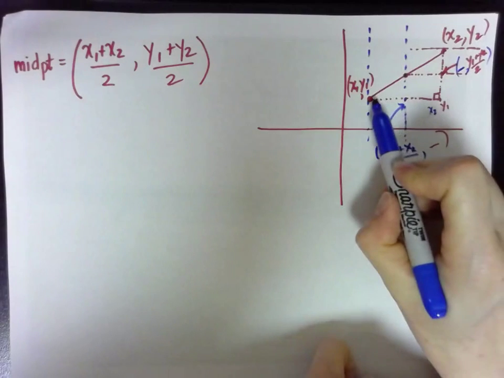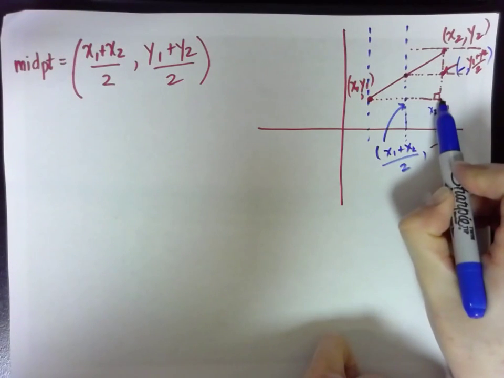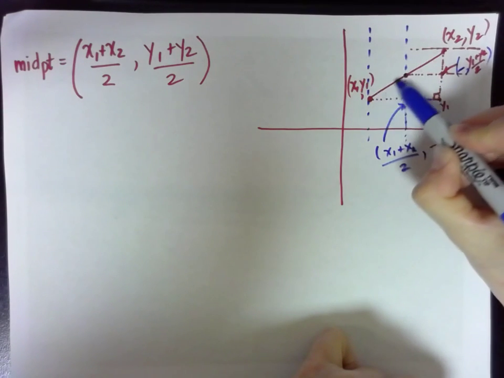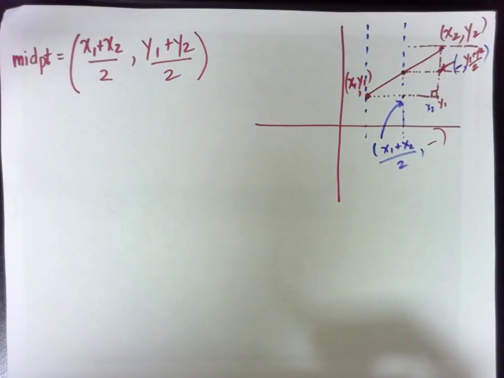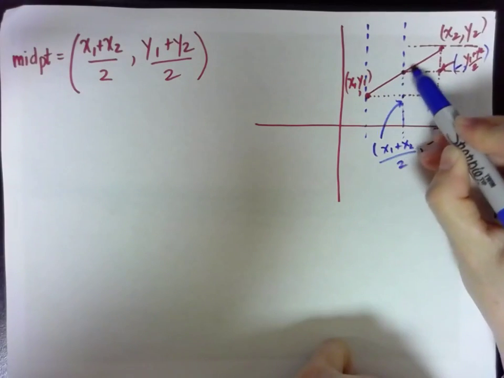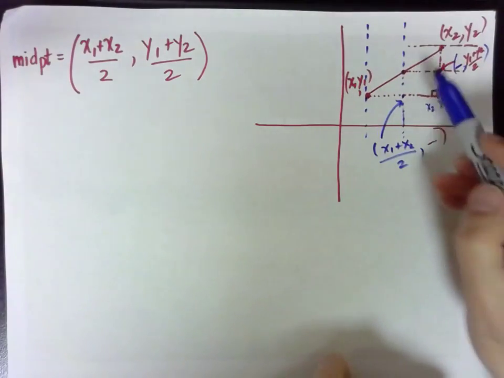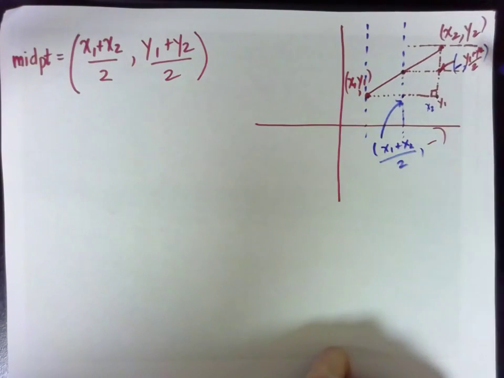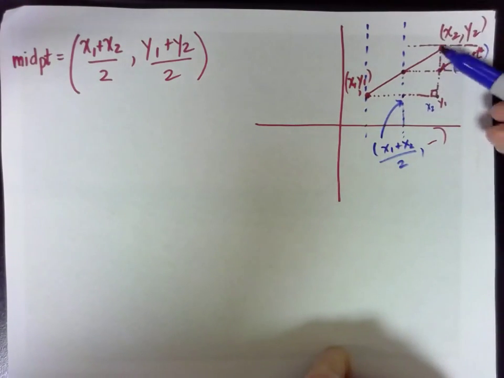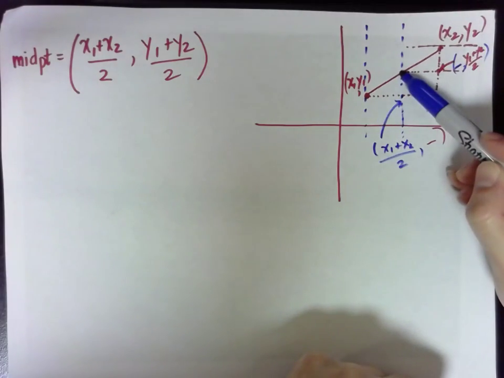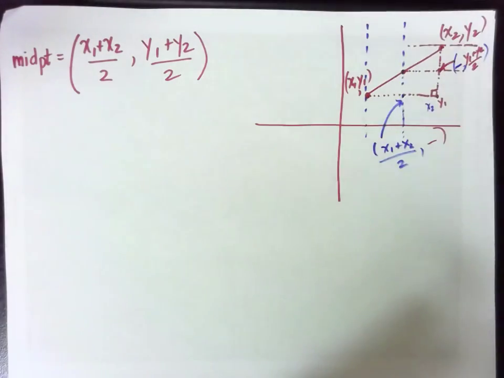And because that's exactly halfway between there, anything going through this same point right here would have to proportionally cut this. Since these are half, these ones also have to be half. So if I use this x-coordinate that proportionally cuts this leg in half, and I use the y-coordinate that proportionally cuts this in half, I can guarantee that that point will be one that cuts this hypotenuse in half.